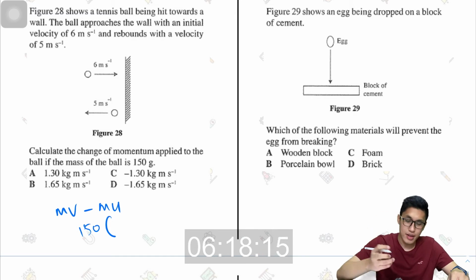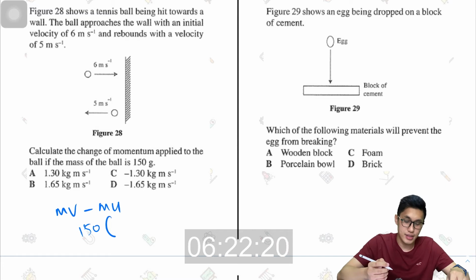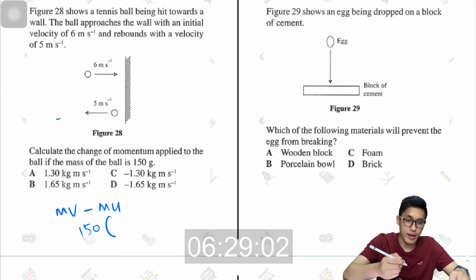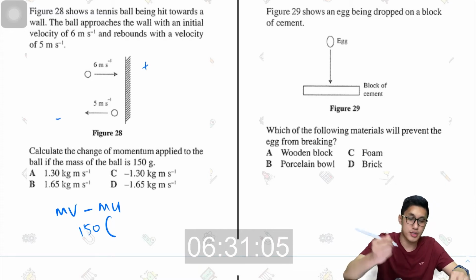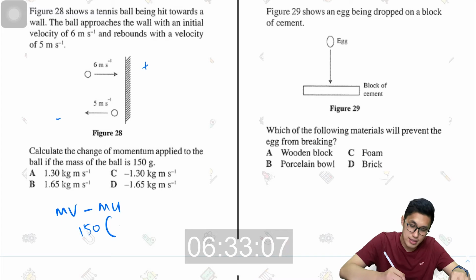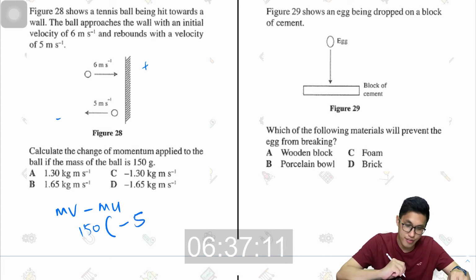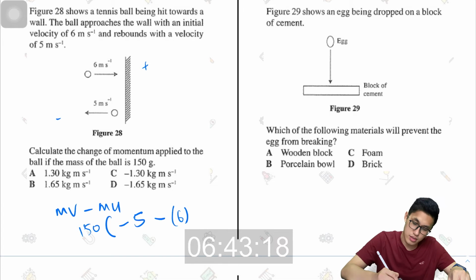I'm just factorizing it out, yeah? So I'll get v minus u, the final velocity minus the initial velocity. So let's say I take going to the left being negative, right? And going to the right being positive, okay? So this would be negative 5, okay? Negative 5 minus initial velocity, that's positive 6.